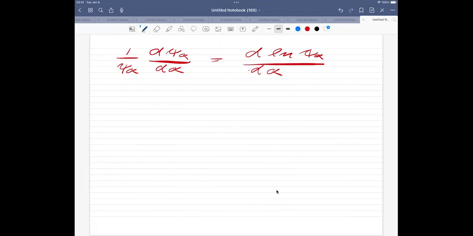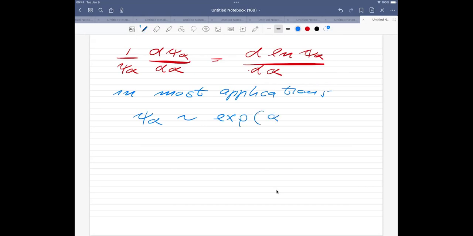And in most applications, the trial function which we end up with is given by some combinations of exponentials. Then this psi alpha is proportional to some exponential, which is a function of alpha, of x, and other variables. And then you see that if we have the log of an exponential, we often end up with simpler expressions for the derivatives.